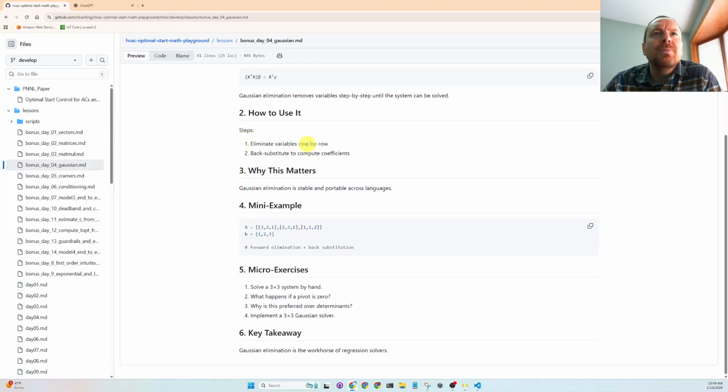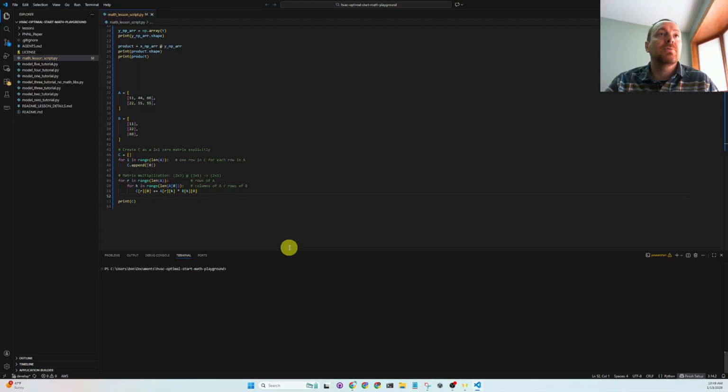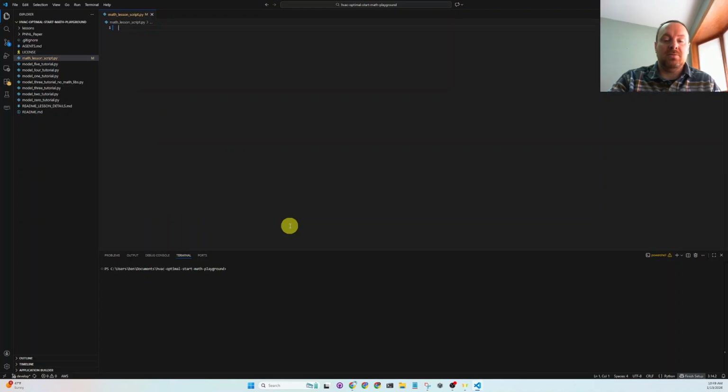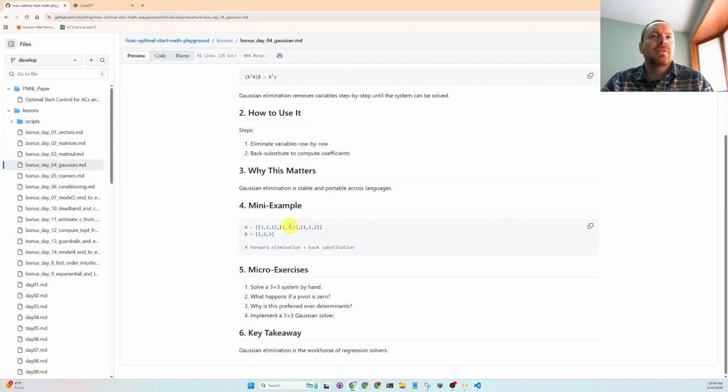Steps: eliminate variables row by row, back substitute to compute coefficients. Gaussian elimination is stable in protocol across all languages. This doesn't make a lot of sense to me, but I suppose I can just start putting it in our little math lesson script.